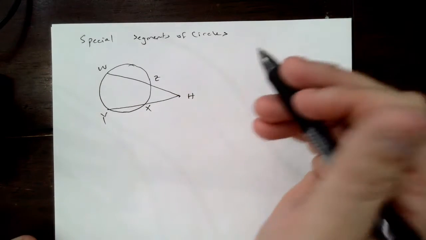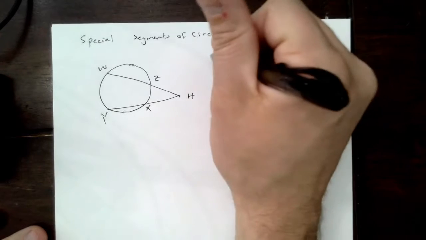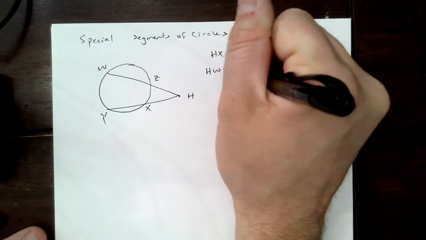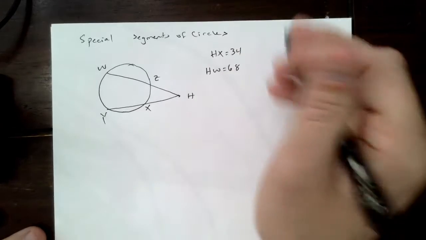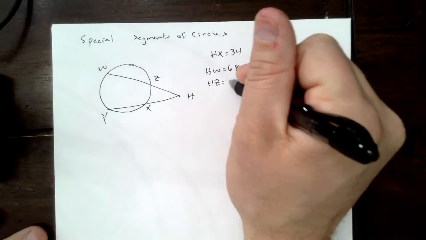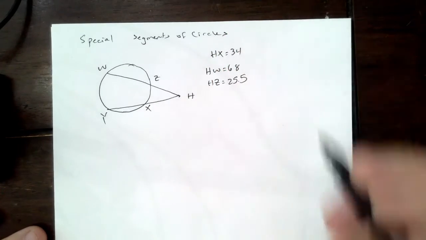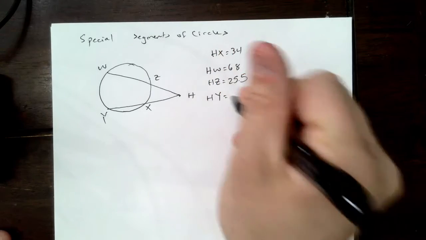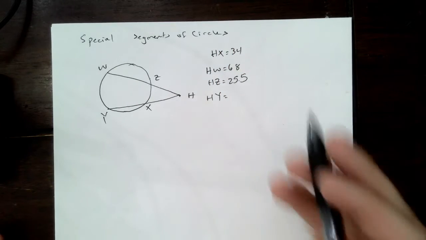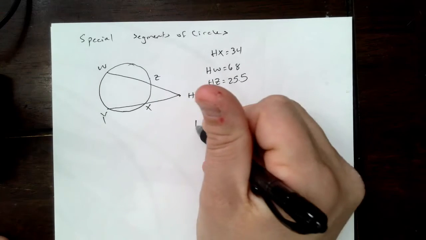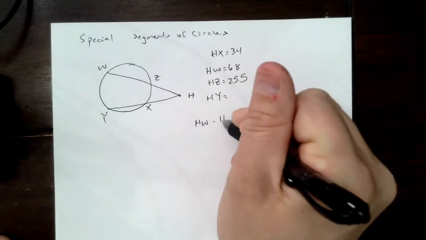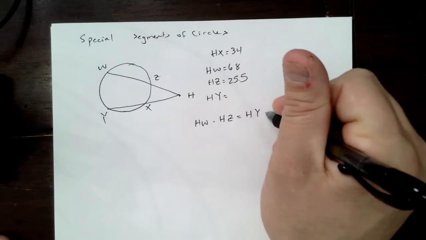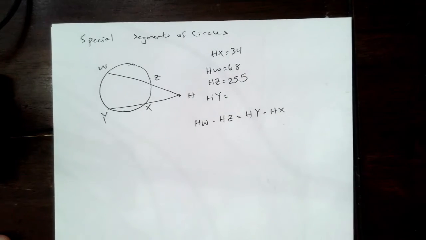They say that HX equals 34, HW equals 68, and HZ equals 25.5. And then they want us to find HY. So the formula is the entire line, so HW, times the portion that's outside the circle equals the entire line times the portion that's outside the circle.